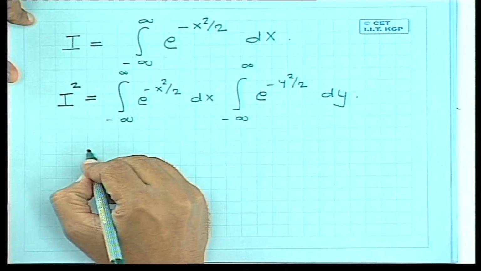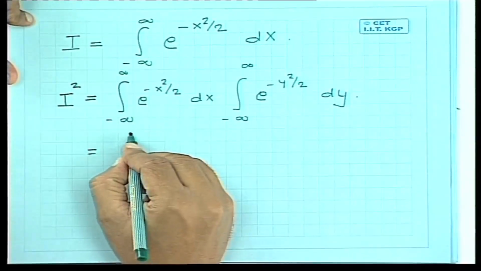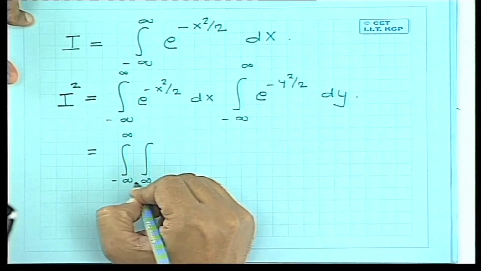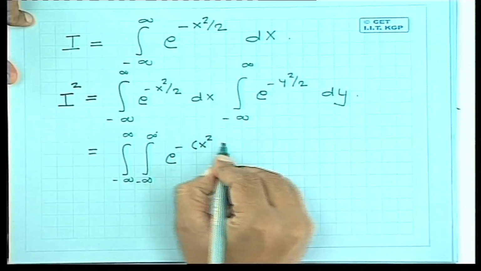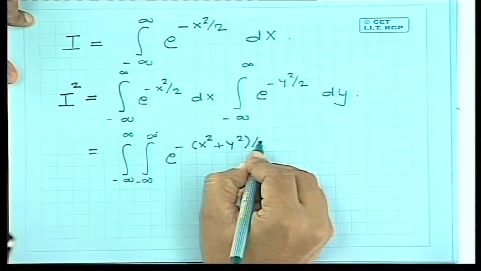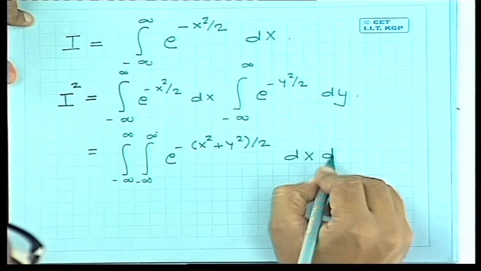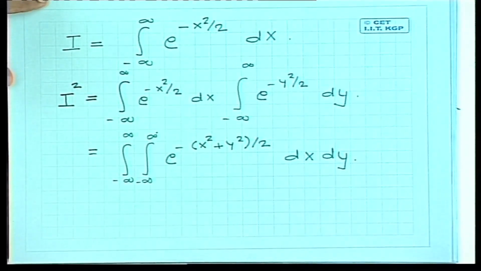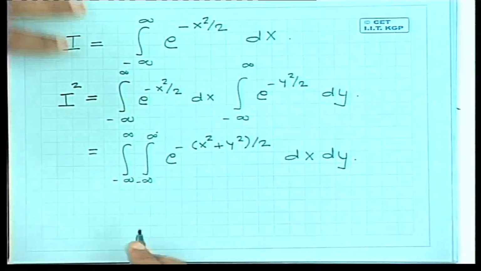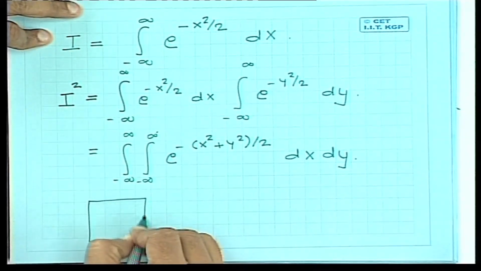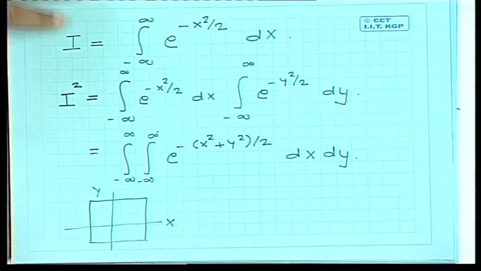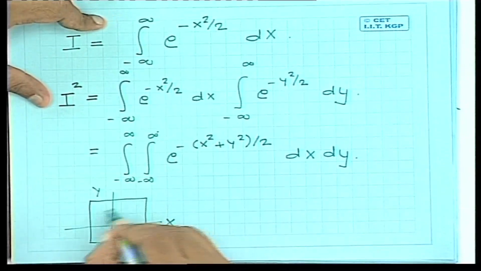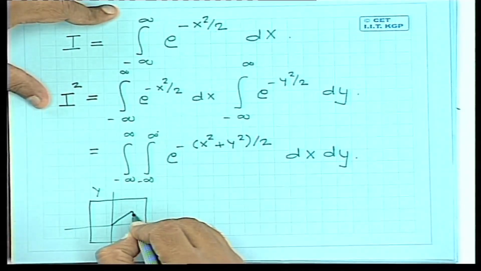Now you can combine this. There is a double integral, and now this is an integral over a full plane, and we can use the polar coordinate system r and theta.